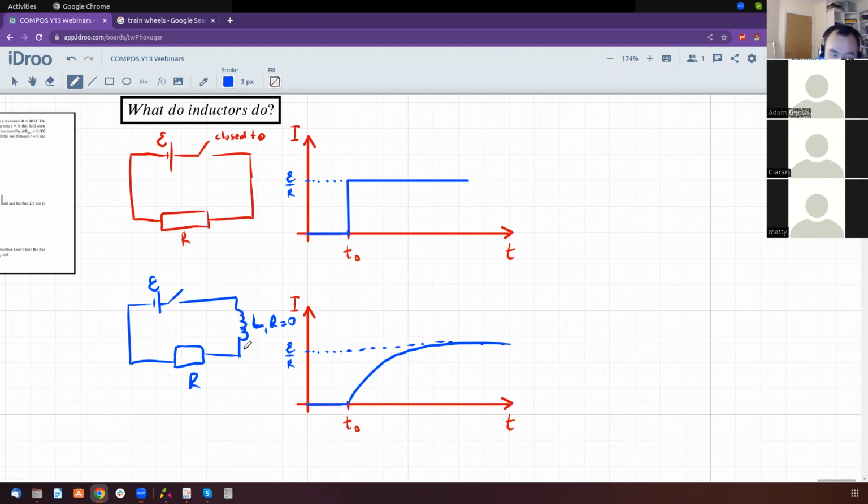How does it do that? The inductor introduces some inertia to the system.